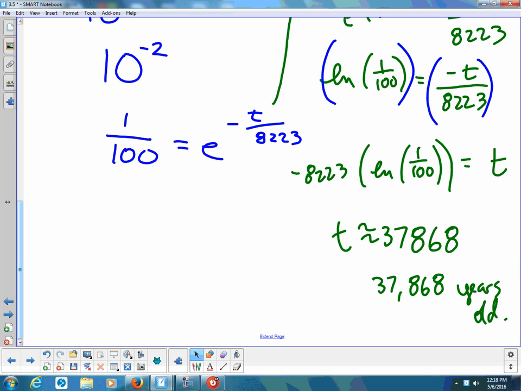Or petrified wood, like in the Petrified Forest, they could maybe do this on that to see how old it is. So you use this to figure out how old things are. Yes, but they have to be dead. It would have to be something that was alive at one point, but is no longer.